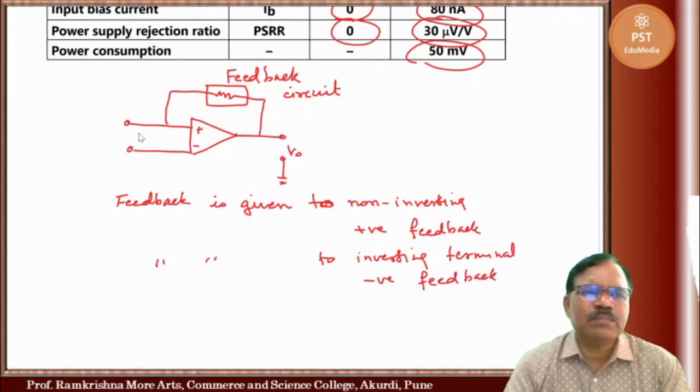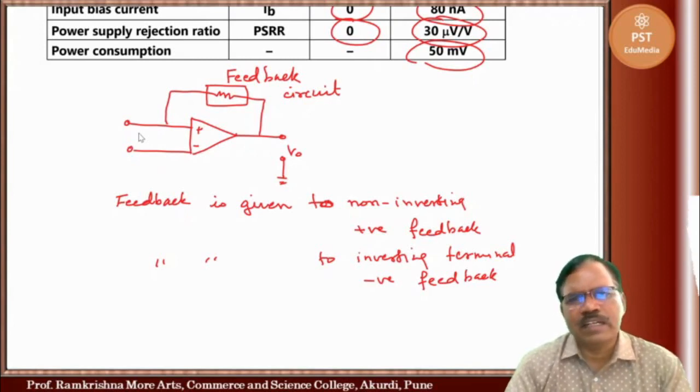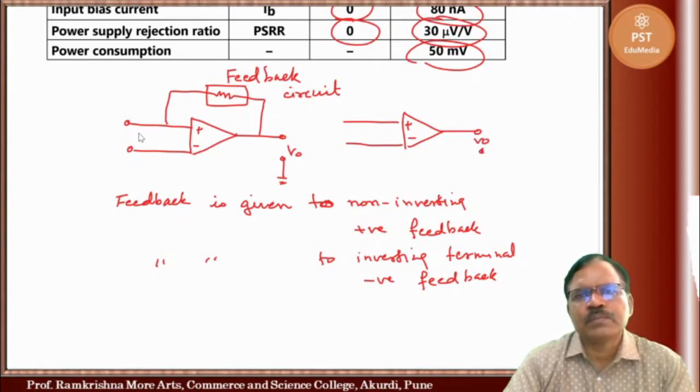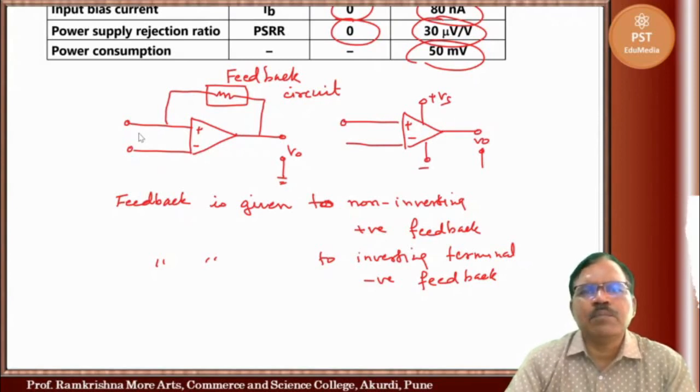Now what is the meaning of inverting and non-inverting? Suppose here we have an operational amplifier and these are two terminals, plus minus, and here output. These are supply voltages. And suppose we give input here and this one is connected to ground. If input is positive, output is positive.